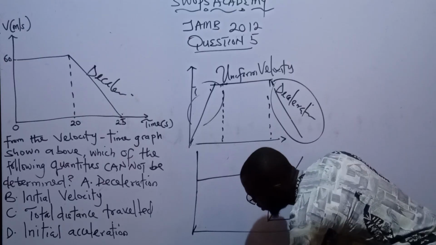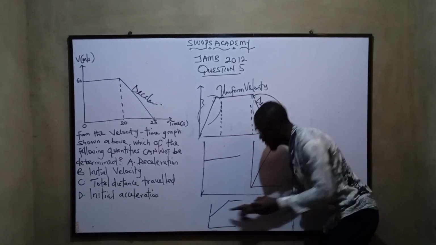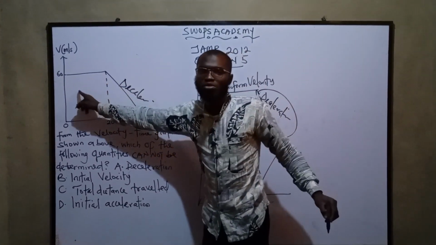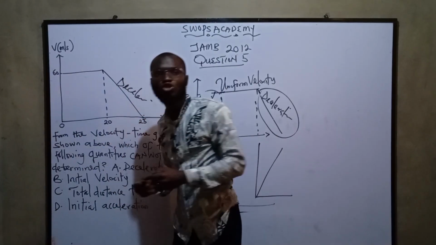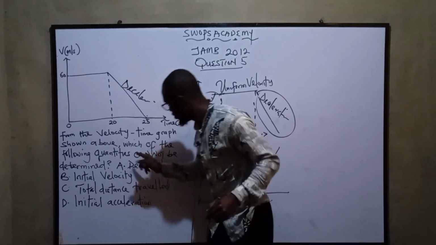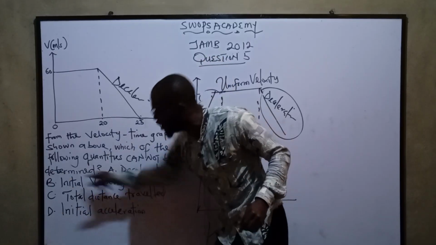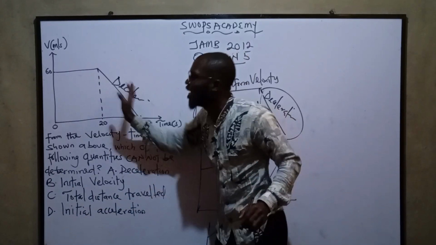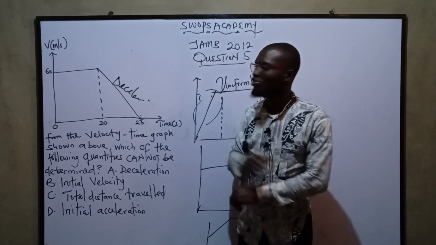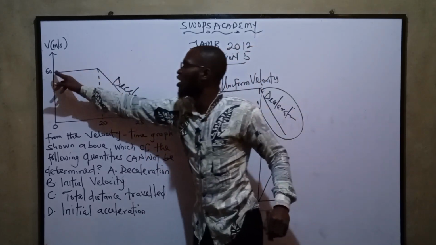Or something like this, this is also an acceleration. But check this diagram. Is there something like this there? No. So the quantity that cannot be determined here is initial acceleration. Nothing like acceleration here. We only have deceleration.